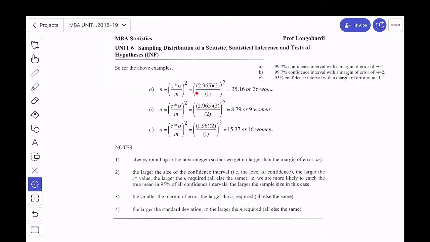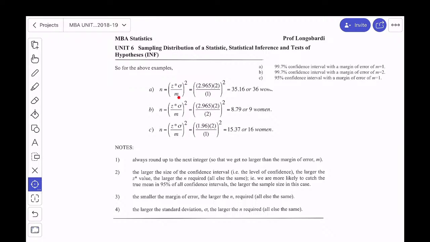So having more confidence with the same margin, I also have to sample more people, okay? So the N is going to be higher. You can just see it right in the formula. The N is going to be higher. The higher the level of confidence, that will make Z star higher.